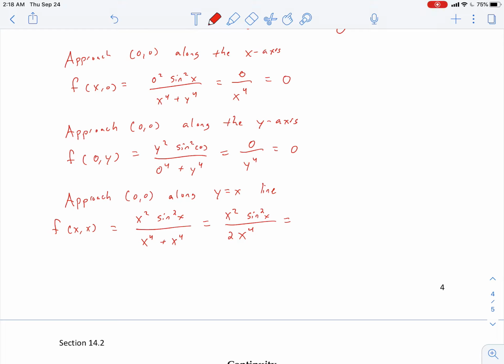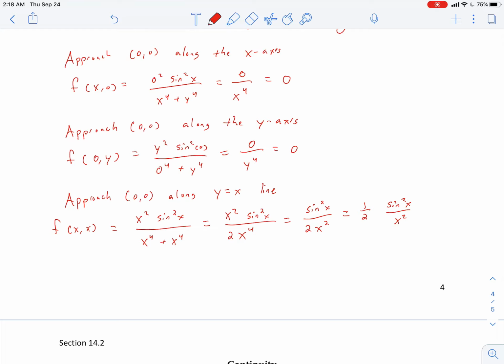And then I notice, hey, x squared over x to the fourth, I can simplify that to be sine squared x over 2x squared. Now I don't want to forget what values I'm approaching for the original. And so I can rewrite this to be 1/2 sine squared x over x squared.